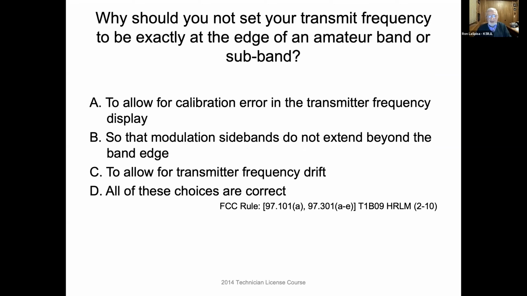Why should you not set your transmit frequency to be exactly at the edge of an amateur band or a subband? Now, this question takes a little bit of thought. Obviously, if the FCC has let us transmit on certain frequencies that are totally contained in that color chart, then we don't want to transmit any frequencies that are outside that color chart.